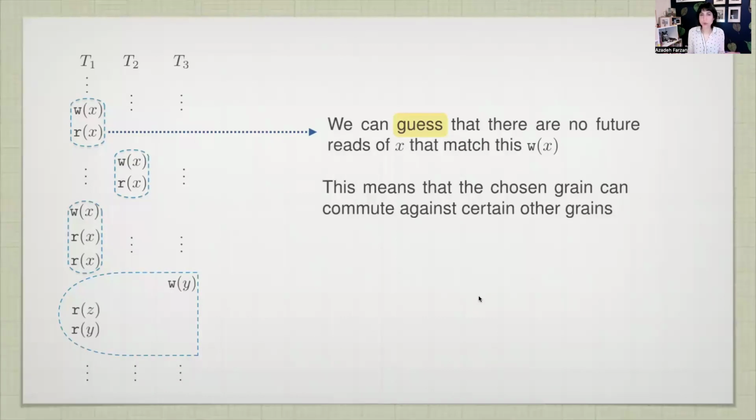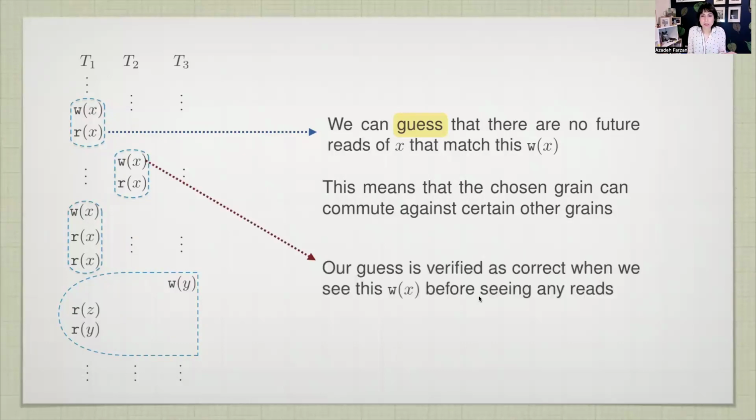So I have these two choices. And once I make the guess that this grain is okay, it will commute the way that I want in the future, I can make the same guess about this one. Specifically, when I see that write before I see any other read, my guess gets verified immediately. It says that there are no pending reads that are going to create trouble for the commutativity of this grain, so the guess is verified.